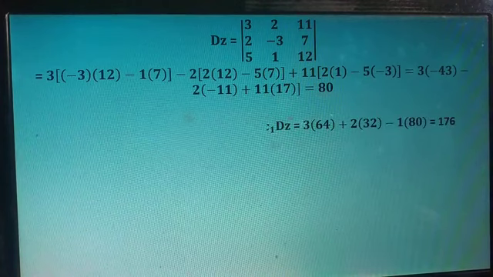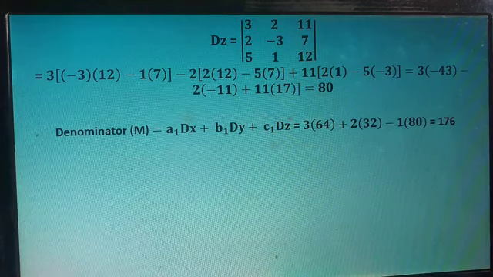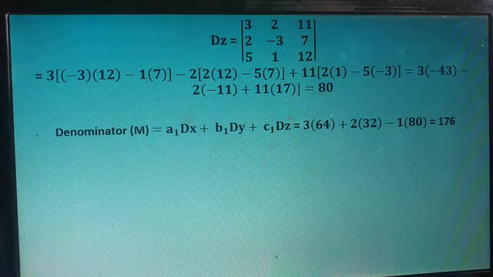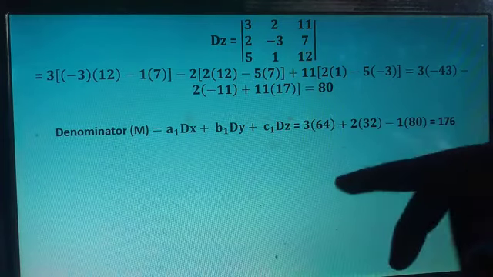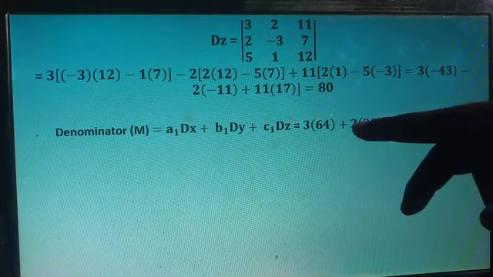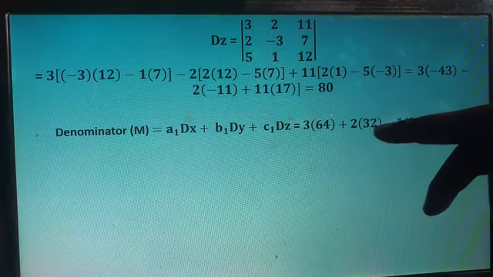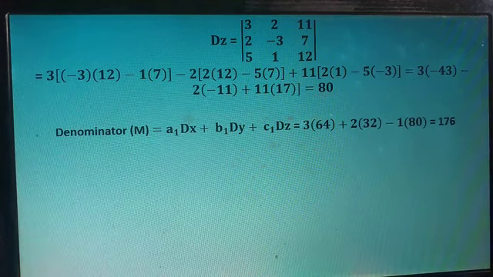So we are looking at how the denominator is found. We multiply those coefficients from the first equation by the corresponding determinants. There we go. You can see 3, which is the coefficient in the first equation, multiplied by the determinant of x, then positive 2, which is the coefficient of y in the first equation, multiplied with the determinant for y.